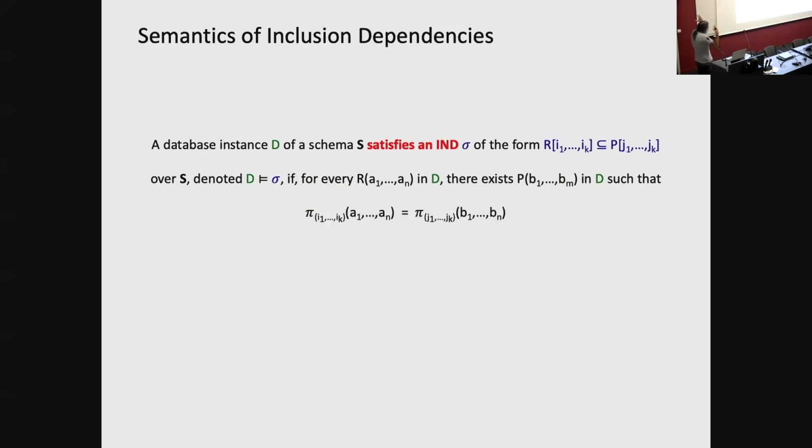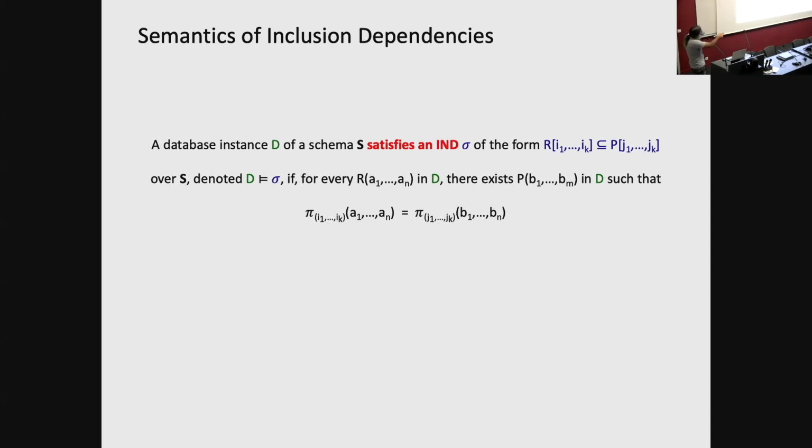And now, having this in mind, I think it's very easy to formalize the semantics. So given a database and an inclusion dependency of this form, we say that this database satisfies sigma. I use, again, the same notation to say that the database satisfies an inclusion dependency, the same notation that I used before for functional dependencies.